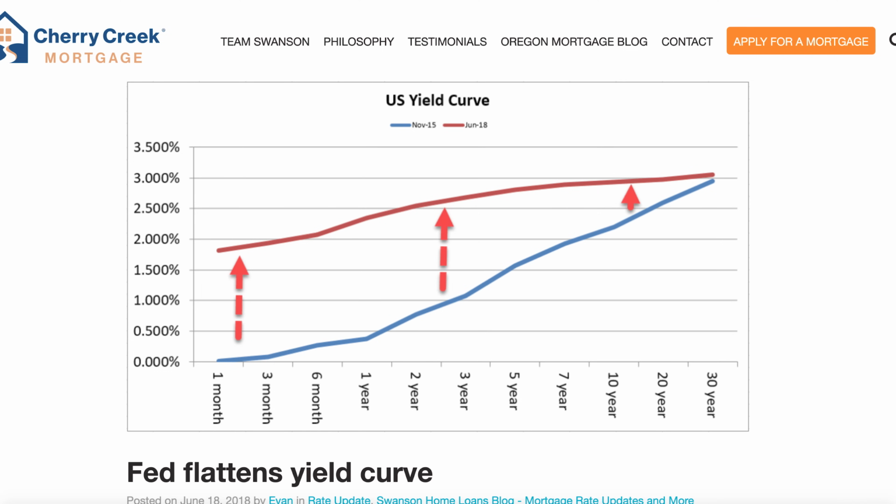So while it normally is quite steep and going up to the right, it can flatten over time, which essentially means the yields on different bonds become very, very similar. There's no kind of added benefit in terms of yield for going into a longer bond. And then very rarely it will invert, which means that the yields on longer bonds are smaller than the yield on shorter-term bonds.